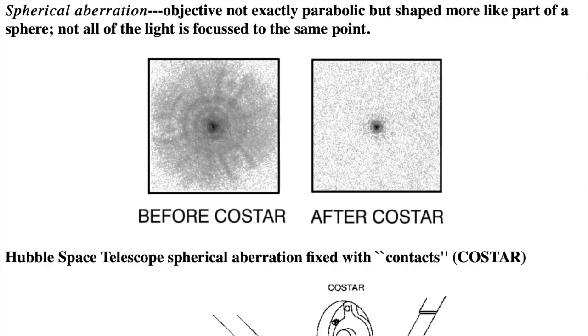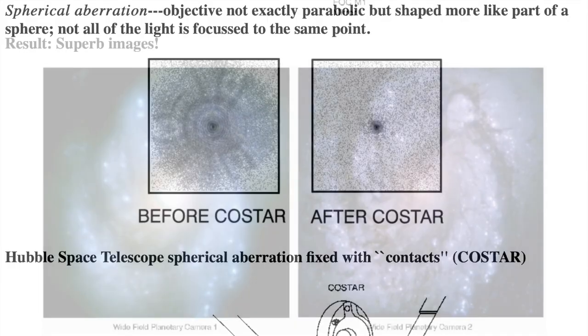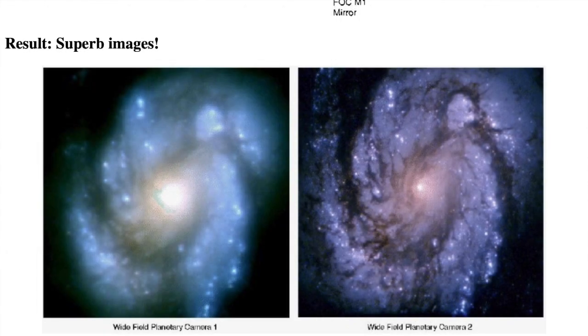Before the problem was fixed, Hubble was still able to produce images sharper than what could be done from the ground. The spherical aberration was fixed by using corrective optics to perfectly focus the light on the cameras and spectrometers. Fortunately, the defect in the primary mirror was a textbook case of spherical aberration, so we could correct the perfect mistake into perfect images.